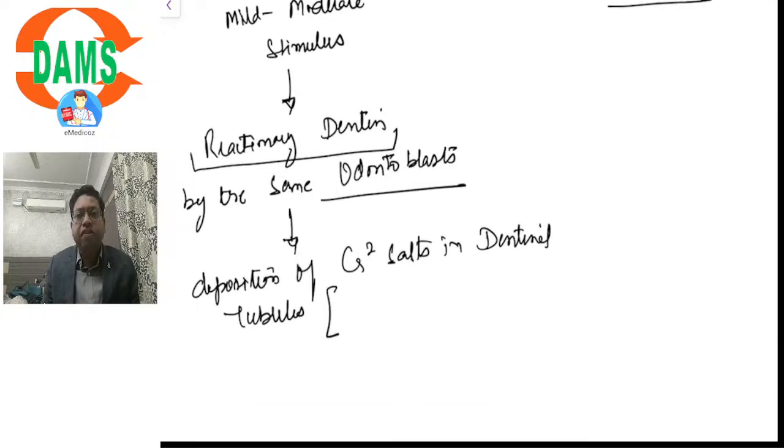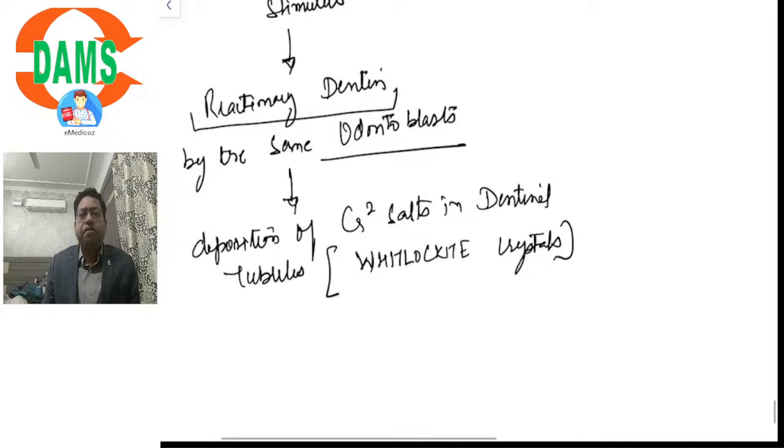And mostly which type of calcium salts are deposited? They are the Whitlockite crystals. Calcium Whitlockite crystals are deposited inside the tubules and they reduce the dentinal permeability.